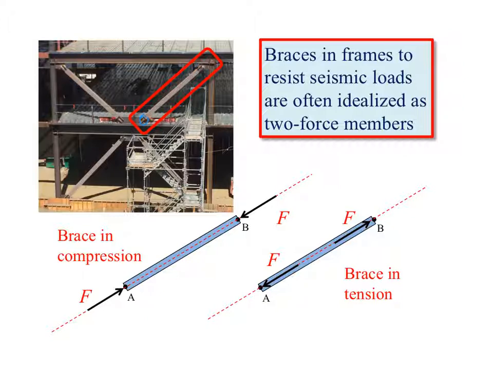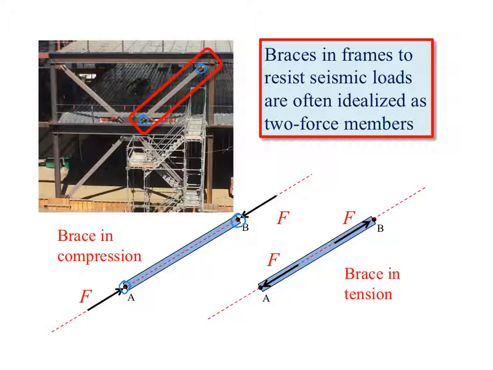We usually idealize the connections at the ends as pin connections, and in steel, the amount of axial force that can be carried is much, much greater than the weight, and so we usually take the weight to be negligible, often in steel calculations, and we would in this case of designing these braces. And so these braces can be idealized as two-force members.